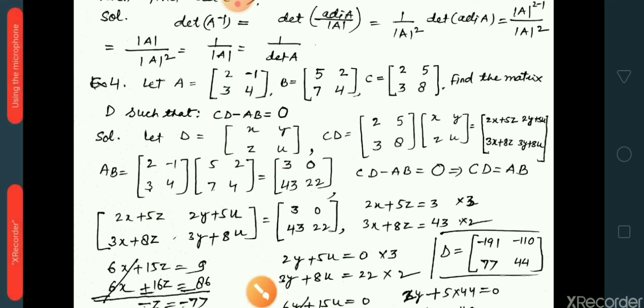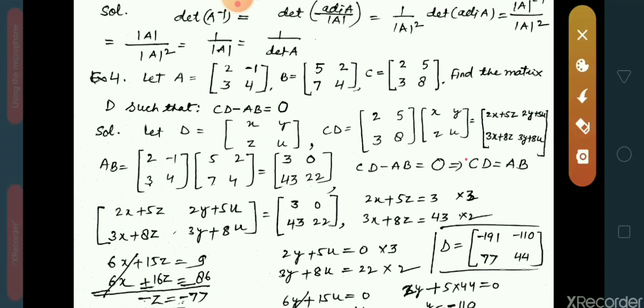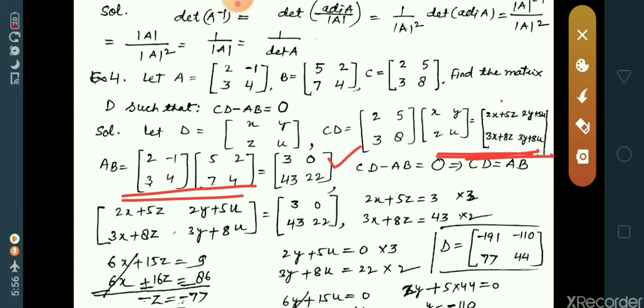Now first we find CD, which is a simple multiplication of the C and D matrices, and AB, the multiplication of A and B matrices. Now this is AB and this is CD.